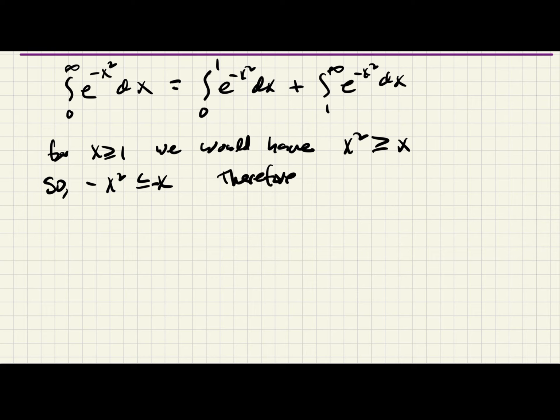Therefore, oh my goodness, these are arguments, aren't they? e to the minus x squared would be less than or equal to e to the minus x. Is that true? Yeah, if I raise e to a smaller exponent, it'd be smaller than if I raise e to a bigger exponent. Okay, that makes sense.